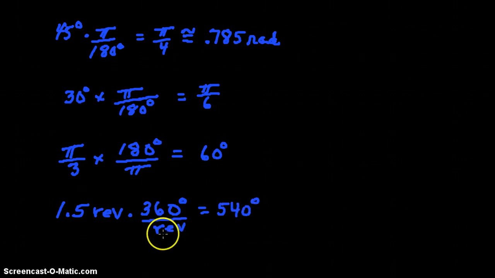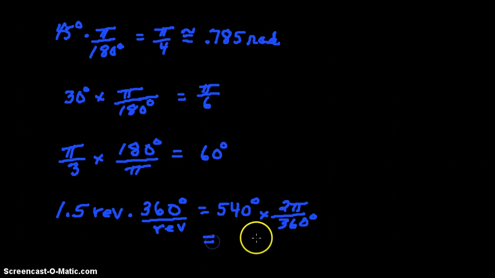And then they may want that in radians, so then you would have to multiply that by pi over 180, which would be a little easier than 2 pi radians per 360 degrees.